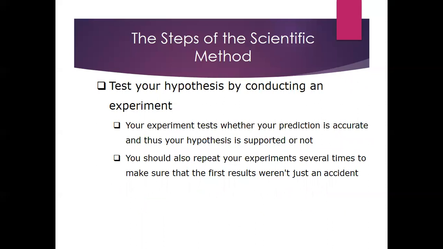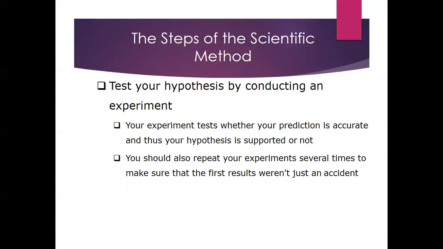Right, so testing your hypothesis by conducting an experiment. You have your hypothesis, you need to carry out an experiment now. So your experiment tests whether your prediction is accurate and thus your hypothesis is supported or not. All right. So you design your experiment.